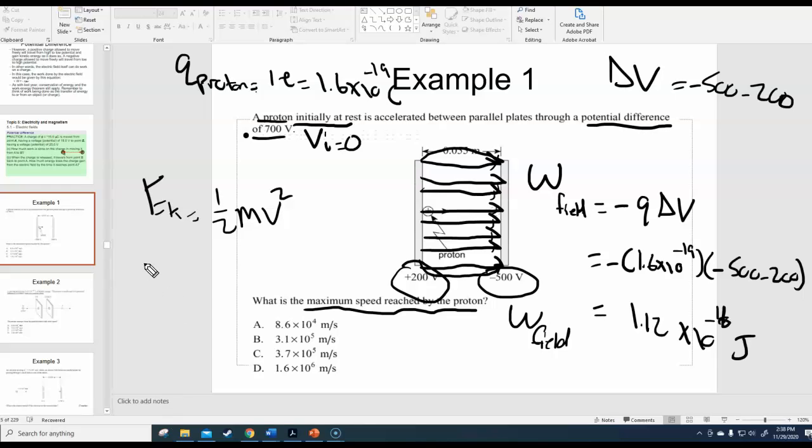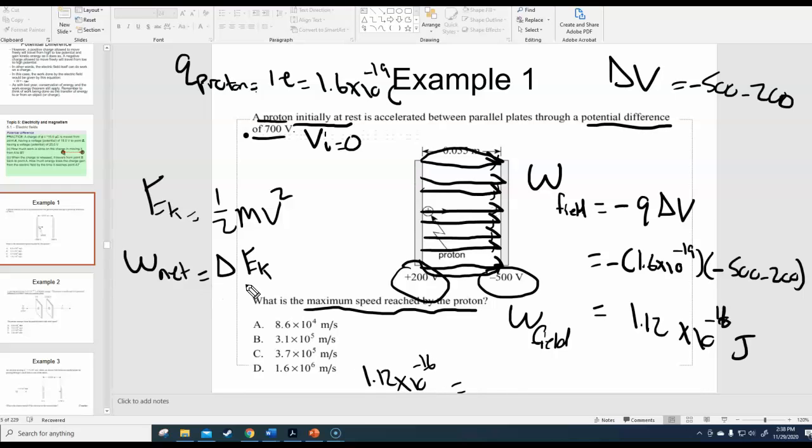And we also know, because of the work-energy theorem, that the net work done on any object is equal to its change in kinetic energy. We know how much work was done on the proton. It's this number over here, 1.12 times 10 to the negative 16.